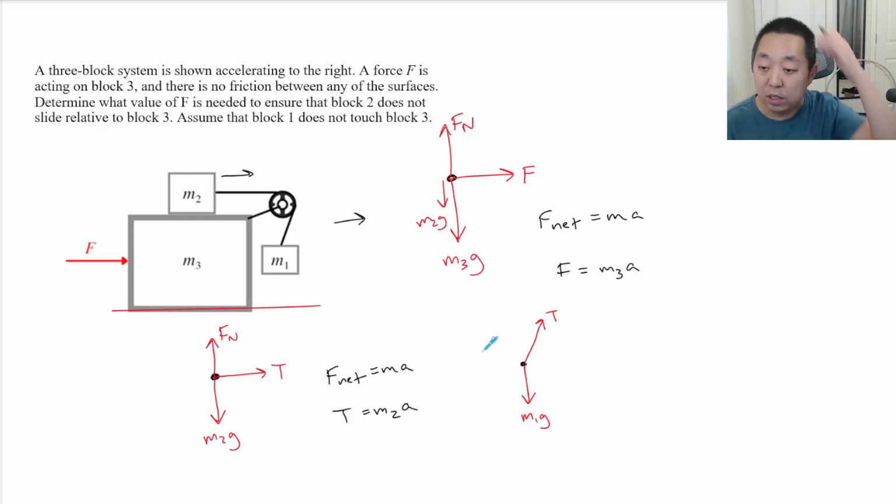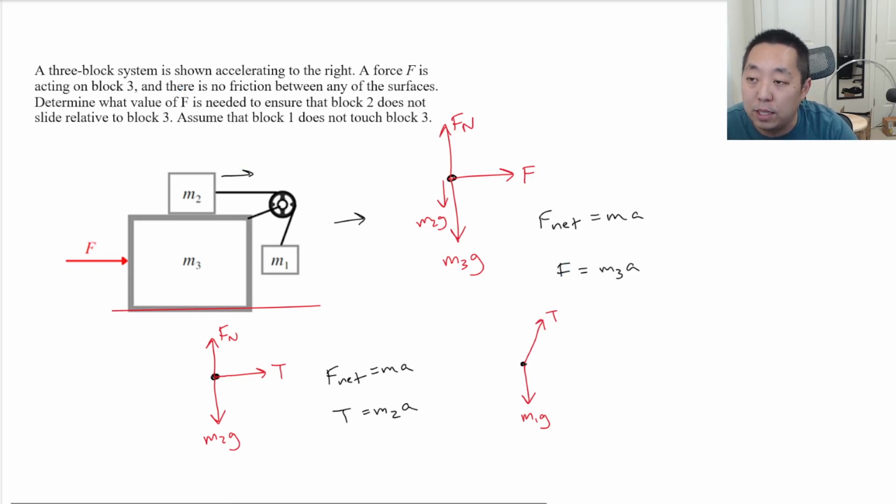So how can I find a component of the tension? We have to break it down into two components: a vertical tension component and a horizontal tension component. So this is T1 in the y direction, this is T1 in the x direction. I'm not given the angle, so I don't want to put it in terms of angles yet.